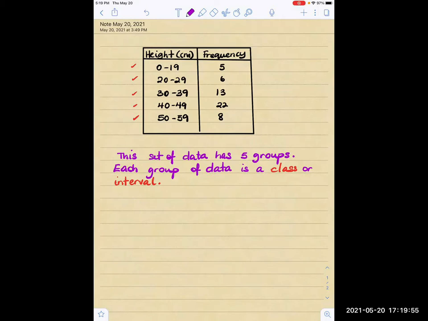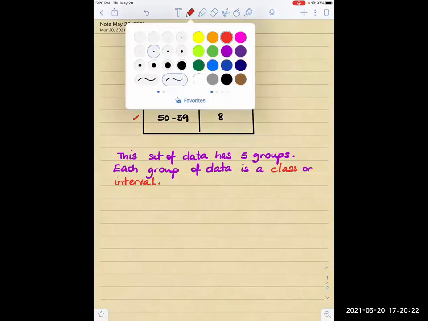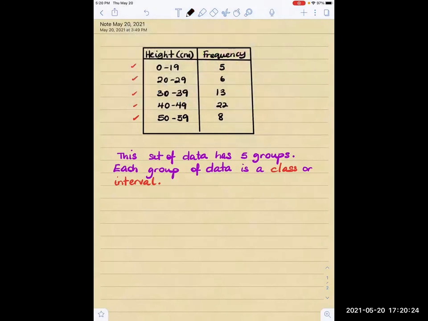Therefore, each height in the class 20 to 29 has a true value between 19.5 and 29.5. These are what we call the class boundaries. But before we go to the class boundaries, let us identify first the class limits.